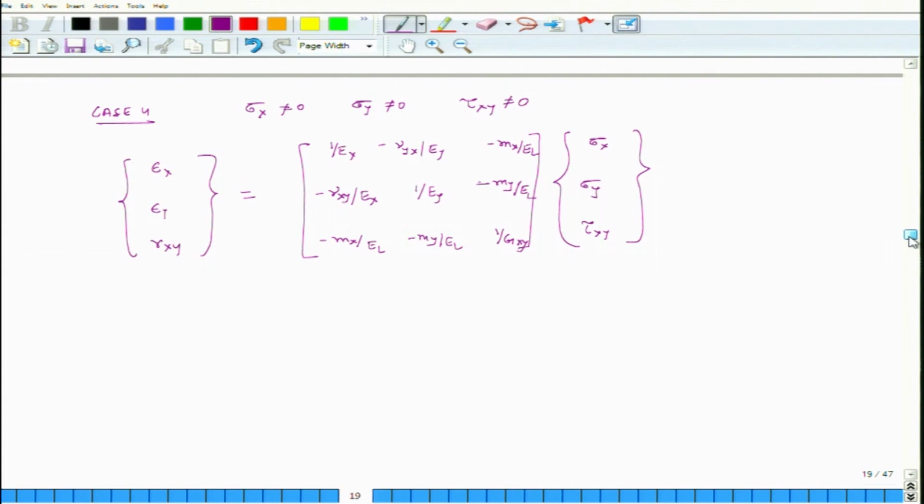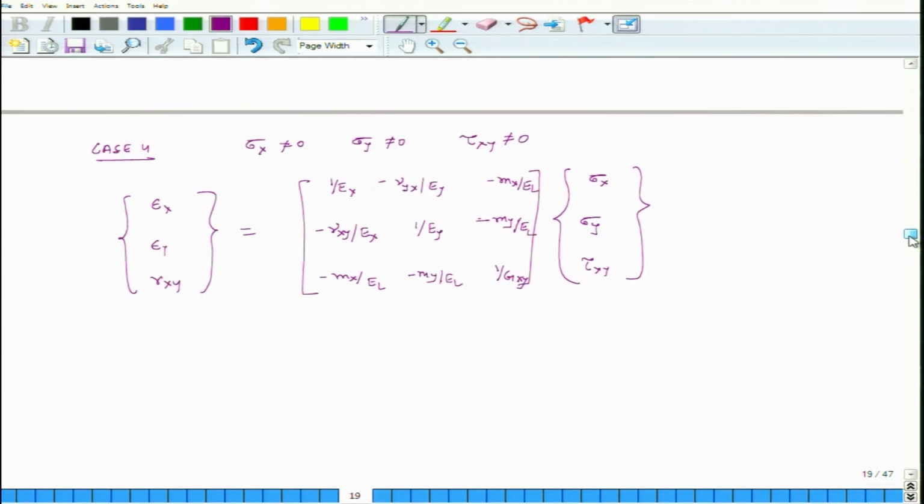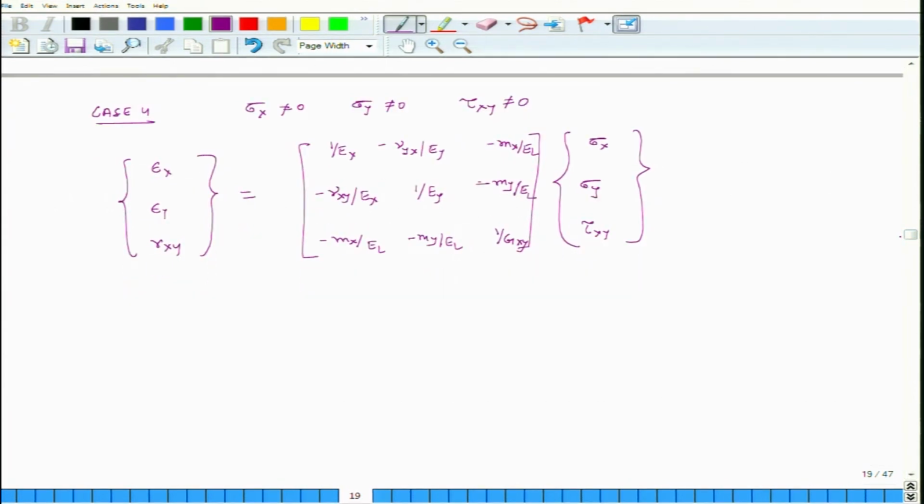Similarly, we have used the same approach to develop the stress strain relationship for a generally orthotropic lamina when it is subjected to all the three stresses sigma x, sigma y, and tau xy. Okay. So, this is where we are. The next thing is, now we have the relations for special orthotropic lamina and generally orthotropic lamina.